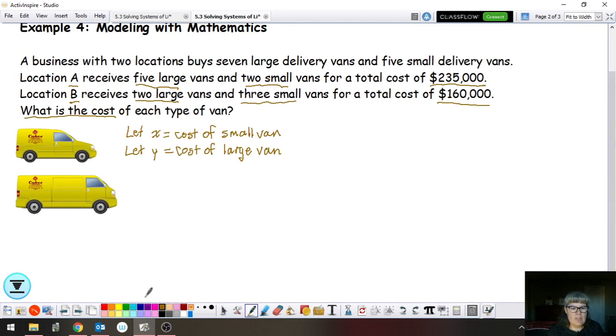So for location A, if we're using these variables, we have 5 large, and I said Y would be large, so I have to write 5Y. 2 small, so plus 2X equals $235,000.